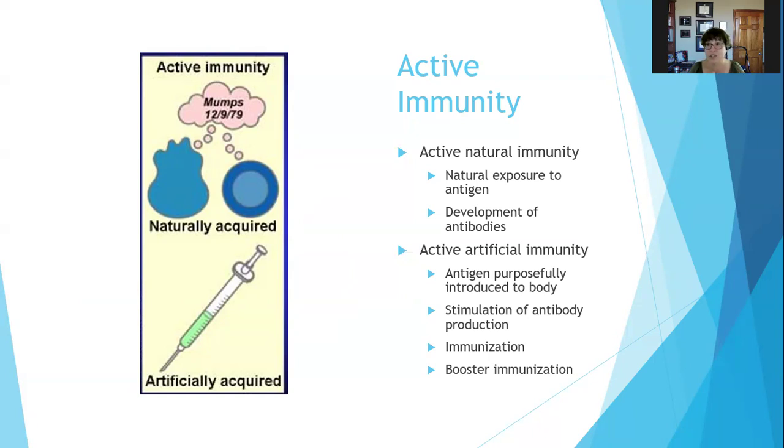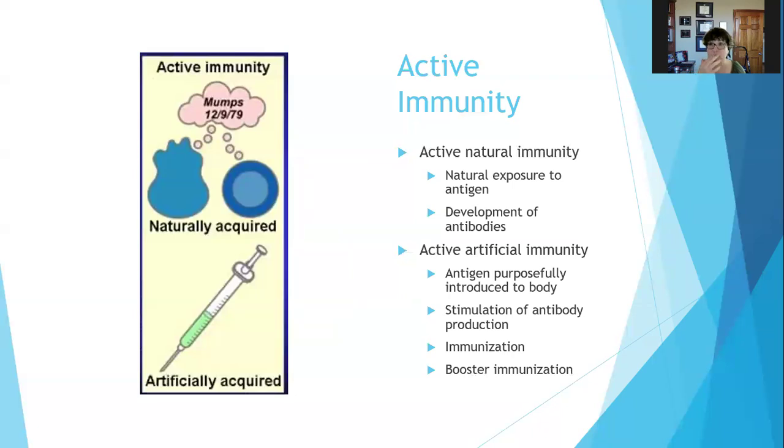When I was a kid, they didn't have a chickenpox vaccine. So you just had to get it. You just got the chickenpox. So you were naturally exposed to the antigen. You went over and played with your friend next door. They had chickenpox. You got it, and your body developed antibodies to it. And with the chickenpox, the antibodies hang around forever, or your B memory cells hang around forever.